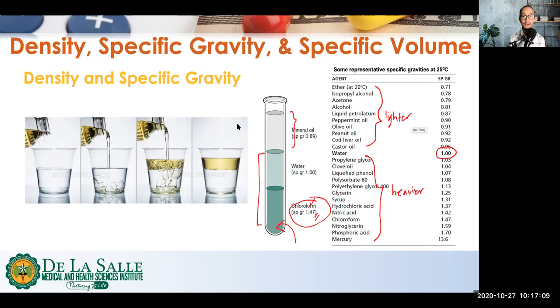Now we know that oil and water do not mix, and most oils, not all, are on top of your water.